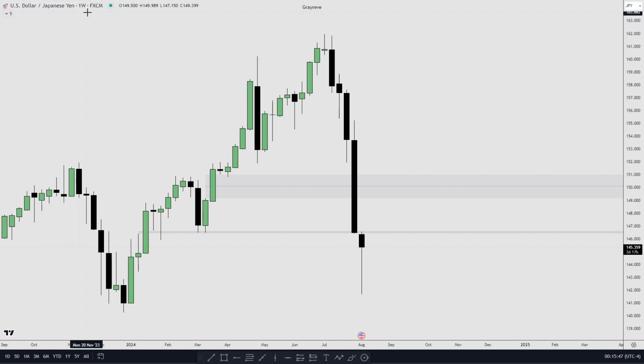Because you're on the weekly chart, you're going to use the 4 hours or the daily time frame as your setup, which means you're going to wait for a daily stop hunt or a 4-hour stop hunt for a setup into the lows down here.